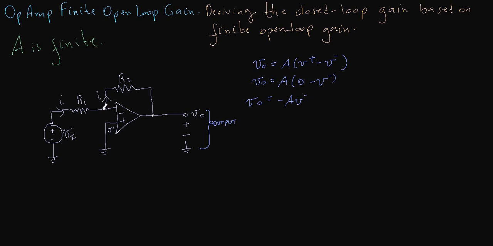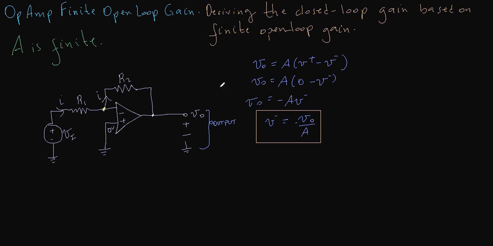We want to calculate the voltage at this node here. So let's divide both sides by minus A, so V minus is simply equal to minus V naught over A. Now let's box this equation because it's important. This is the voltage at the node V minus, so that's the voltage here.